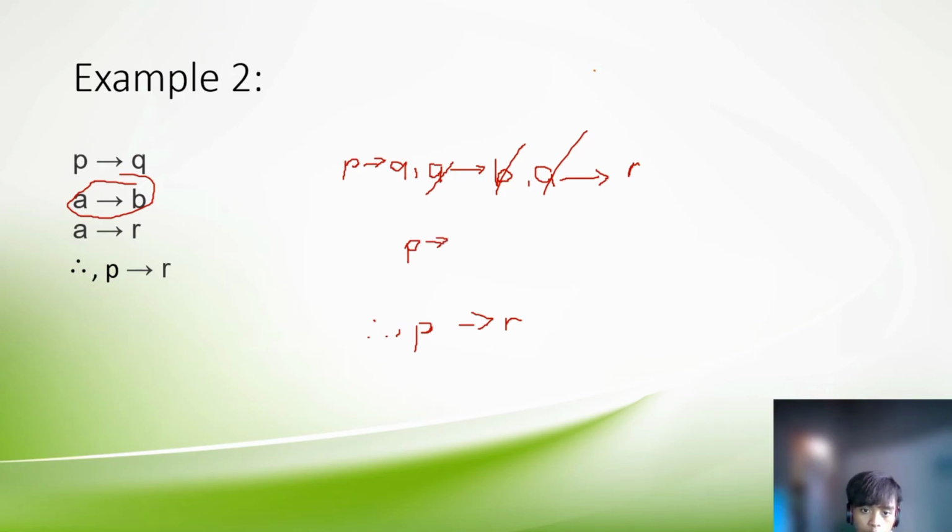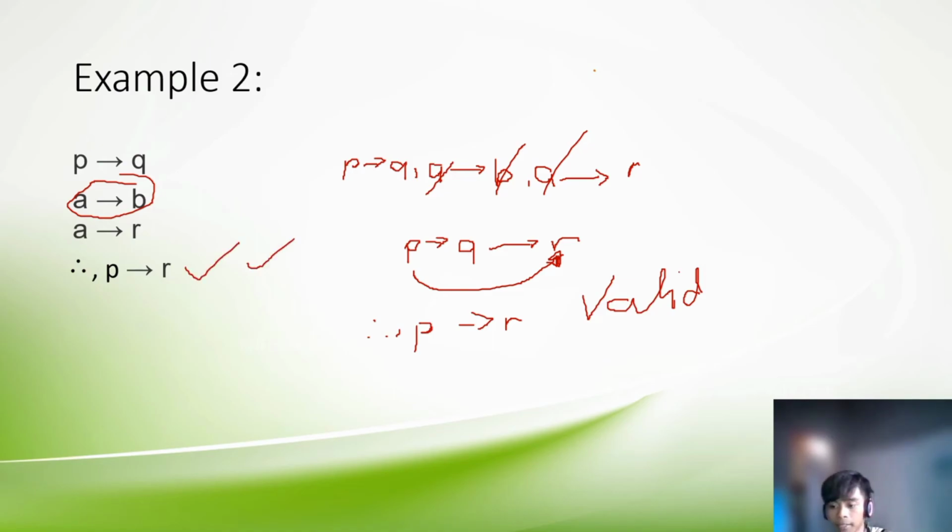P links to Q and Q links to R, which means that P links to R. So, this is a valid argument, dahil nahanap natin siya. Dahil nag-link siya doon kay R. So, this is correct. This is a valid argument.